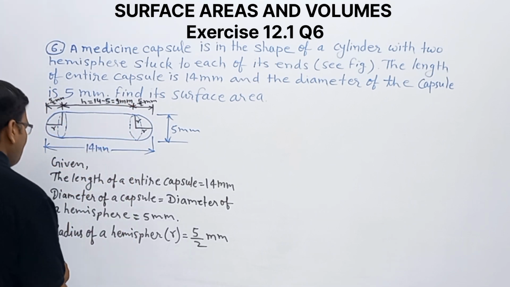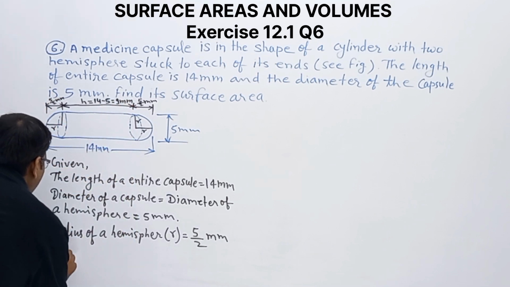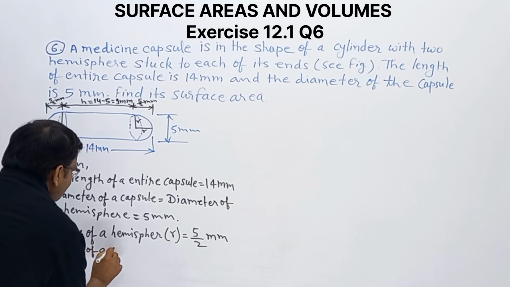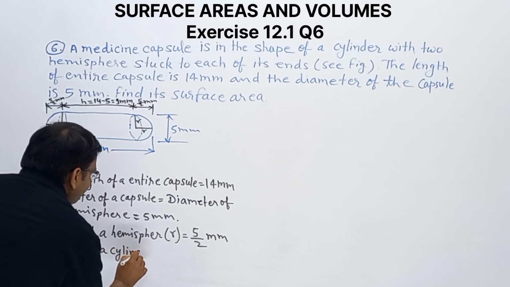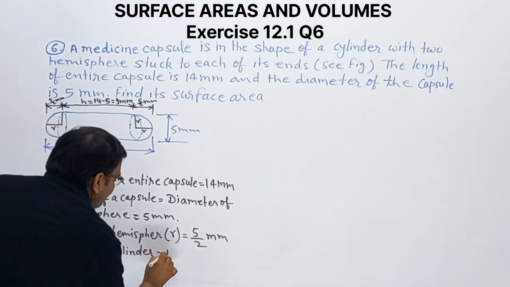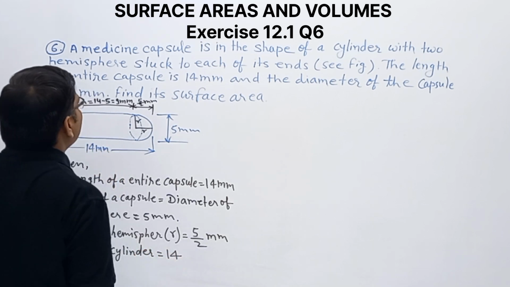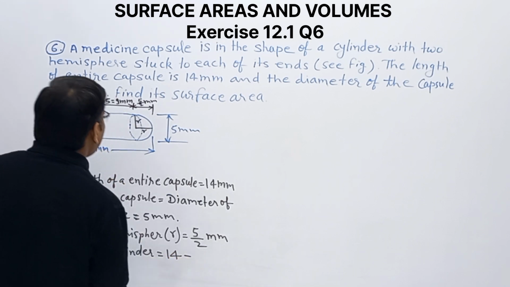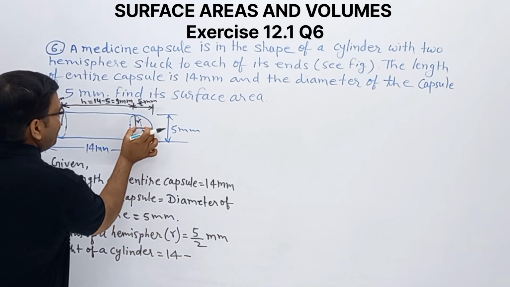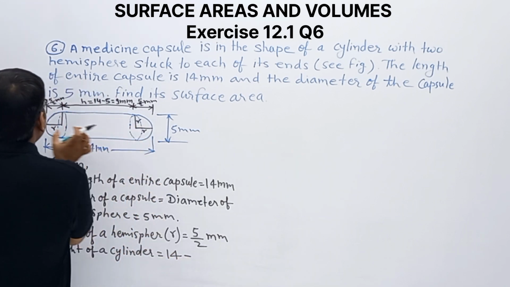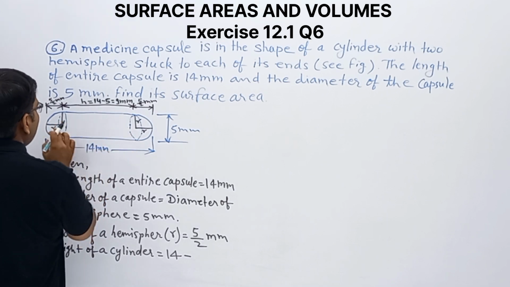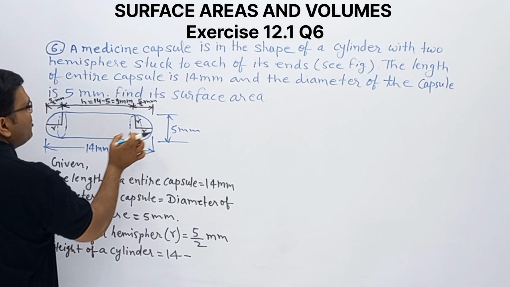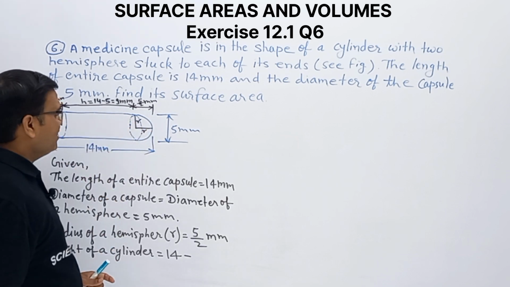So one more thing we should write: height of a cylinder equals total length of the capsule minus the radius of this part plus the radius of this part. These are the radius of a hemisphere.